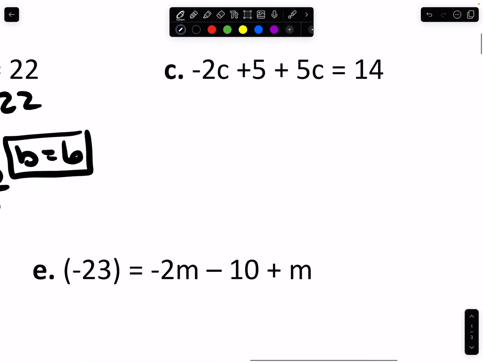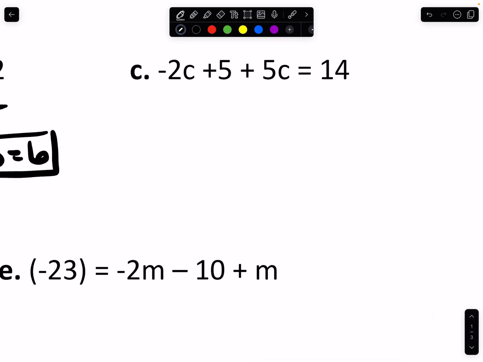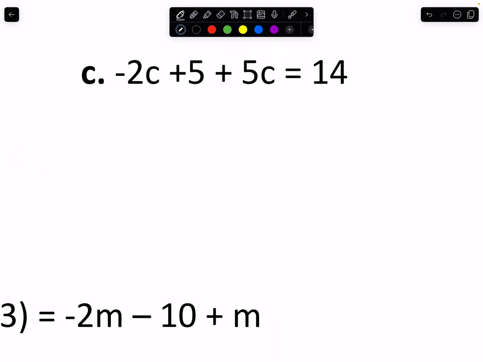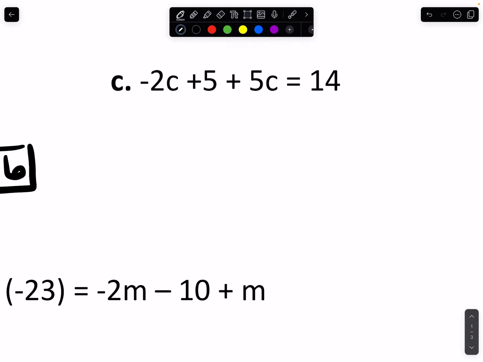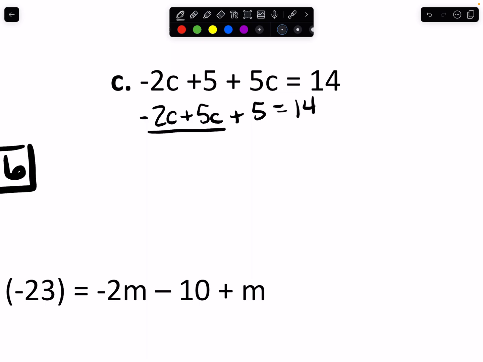Okay, I want you to go ahead and pause and then attempt this one on your own. Make sure you're on the right track. I am going to work it at the same time, making it a little smaller. Negative 2c plus 5c plus 5 equals 14. Combining these terms will be 3c plus 5 equals 14.